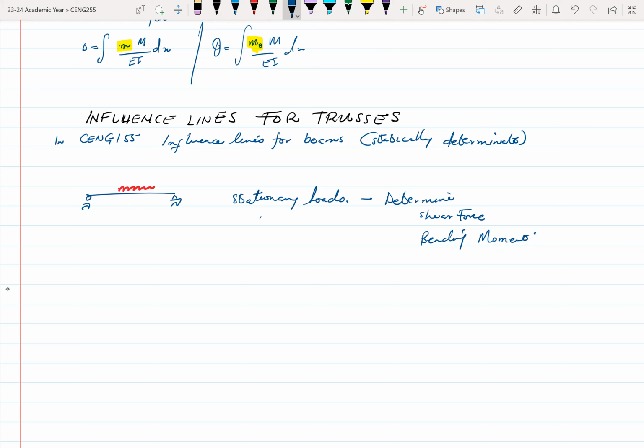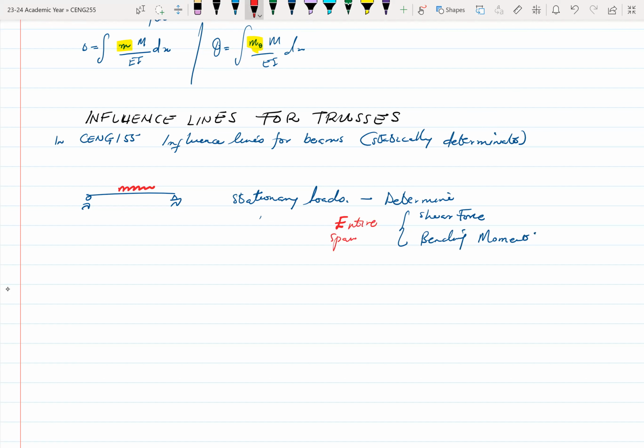So these are typically drawn for the entire span, or the entire length of the structure.